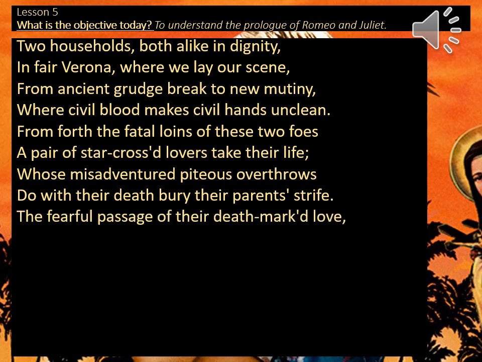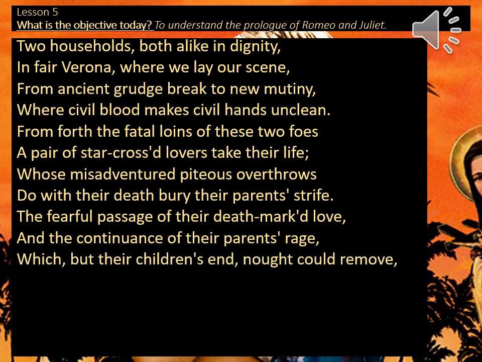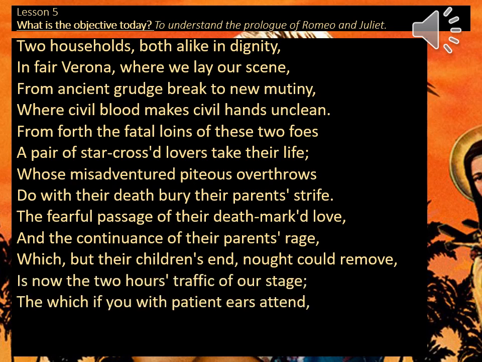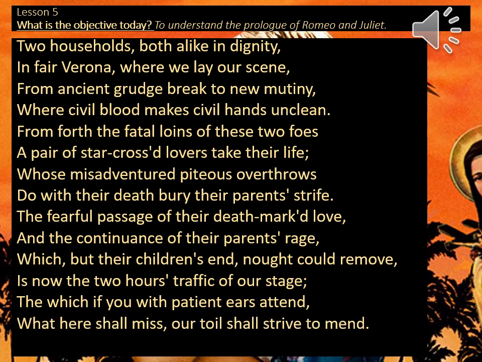The fearful passage of their death-marked love, and the continuance of their parents' rage, which, but their children's end, naught could remove, is now the 2 hours' traffic of our stage. The which, if you with patient ears attend, what here shall miss, our toil shall strive to mend.